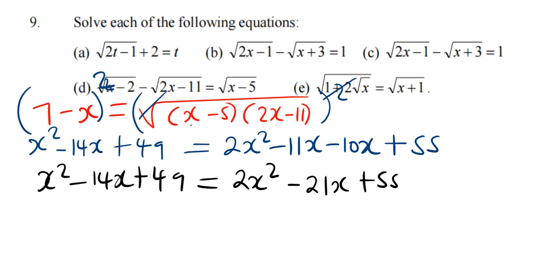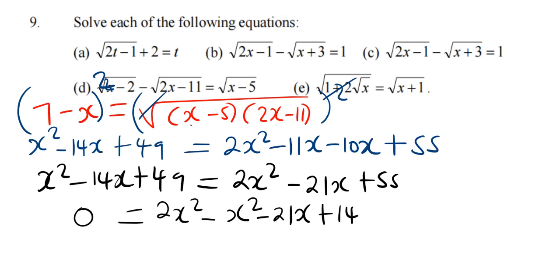Alright, now that we've got this, I'm going to take all the expressions to one side. So this side I'm just going to remain with 0. This will be equals to 2x squared minus x squared. Then I come to the ones with x, negative 21x plus 14x, then a 55 minus a 49.